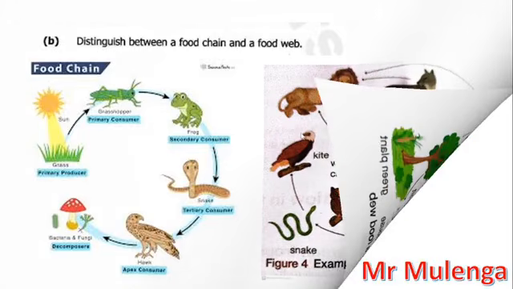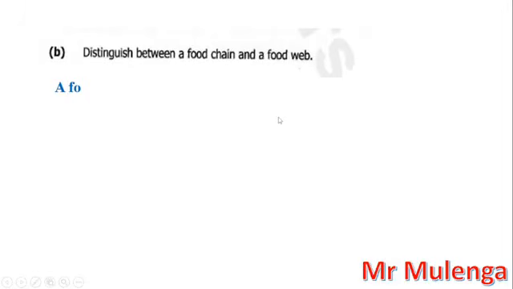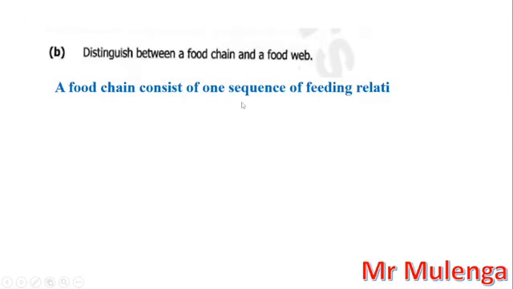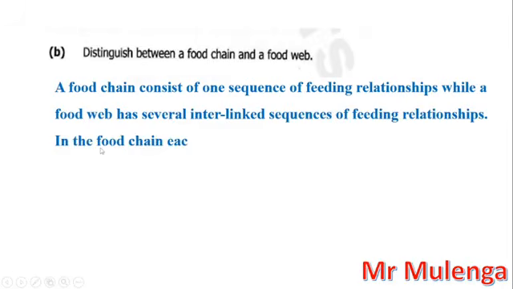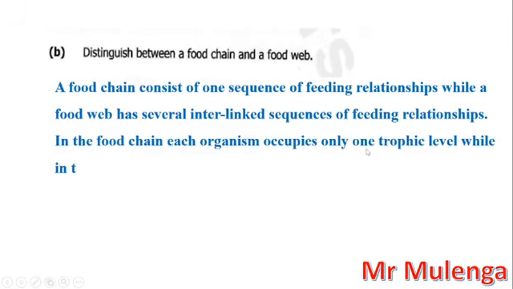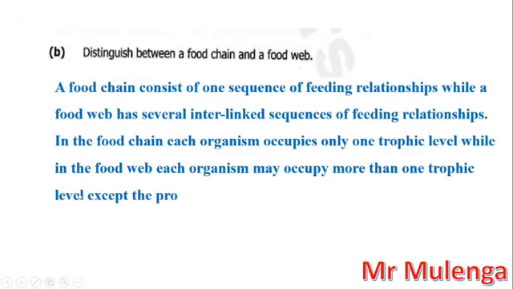So let's look at how we can now write our answer. You can say a food chain consists of one sequence of feeding relationships, while a food web has several interlinked sequences of feeding relationships. In the food chain, each organism occupies only one trophic level, while in the food web, each organism may occupy more than one trophic level, except the producers.